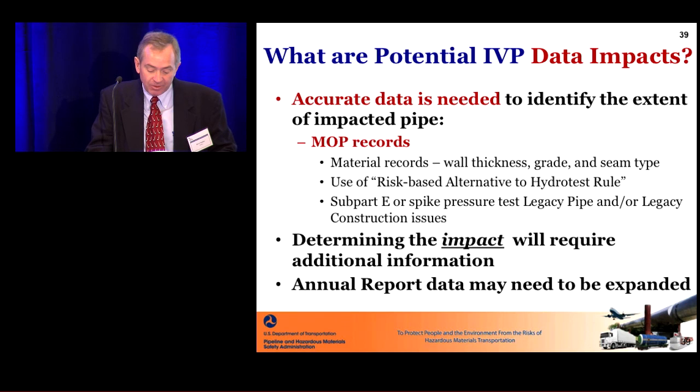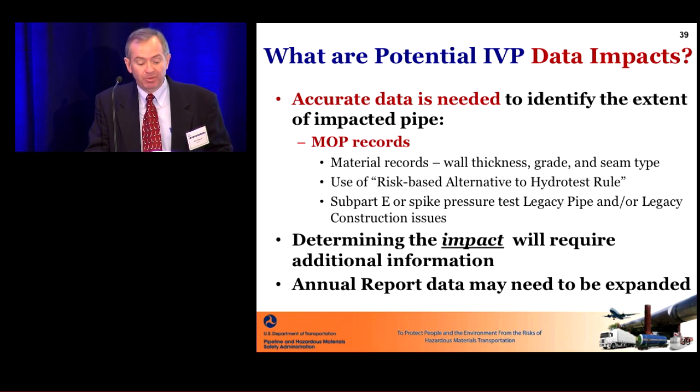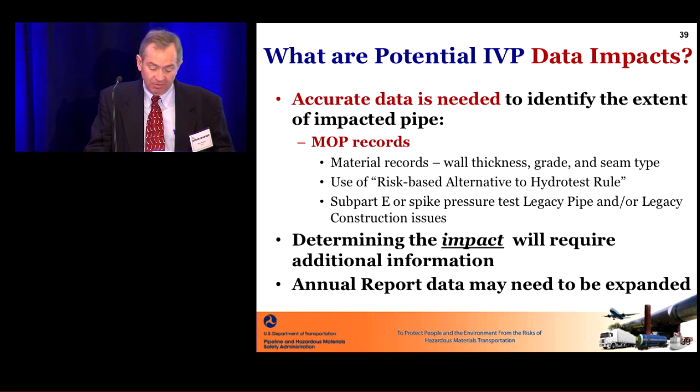On some of the records that we will be looking for, and we'll need more on the mileage, is of course the material records. We'll be looking for wall thickness, grade, seam type, in the use of the risk-based alternative in lieu of a pressure testing. And also if you've had a spike test, if you've got legacy constructions or pipe with manufacturing or construction defects, have you had to use a spike test?